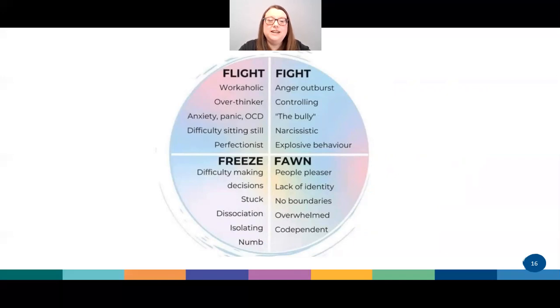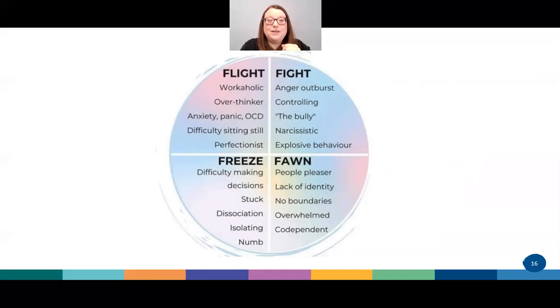What you see on the screen here are 4 typical trauma responses that we see frequently in people who have a trauma history. The first one is what is called flight. It could be as simple as running away literally from a confrontation or avoiding people who are triggering, but it could also present in other ways, that we fly away from our problems by focusing on other things such as work.